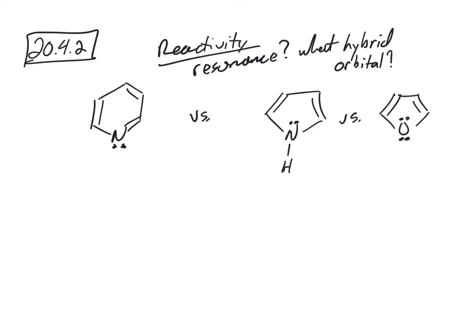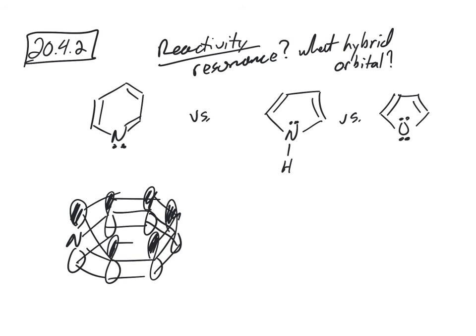I'll try to redraw that for you. Okay, so there's pyridine in 3D. See how I made the p orbital system? All of these atoms are sp2 hybridized. They all have one pi bond, so they're sp2 hybridized. But the question we're asking here is, what about this lone pair? What hybrid orbital is that lone pair in?